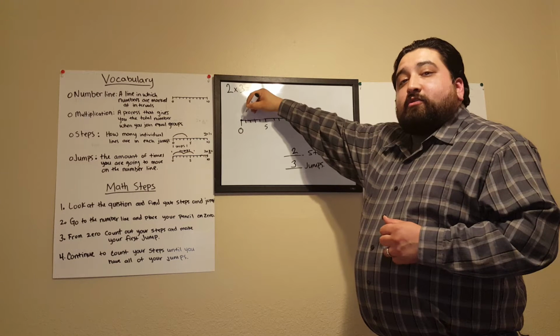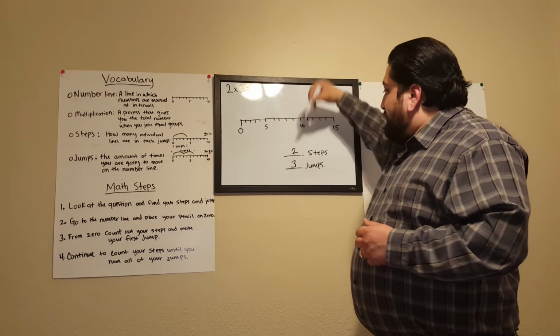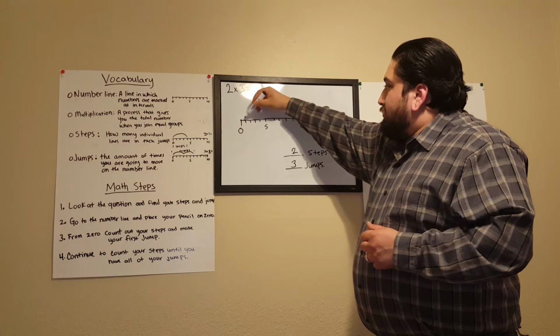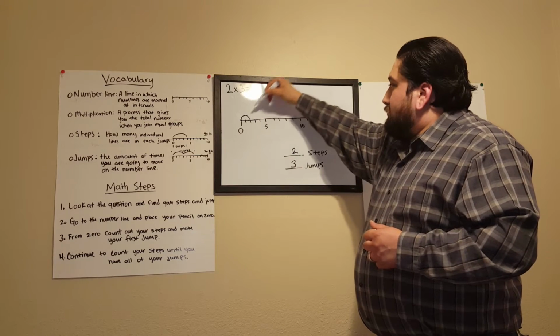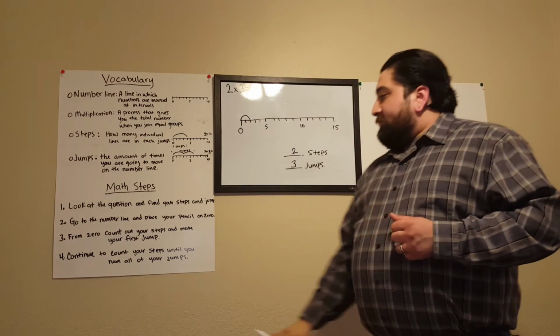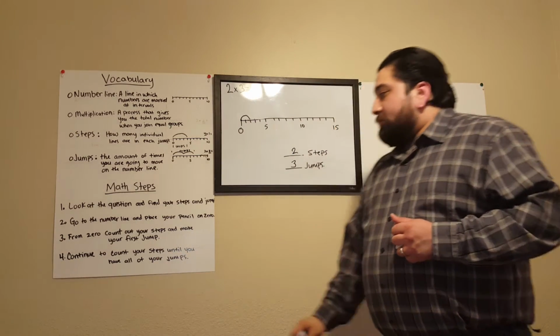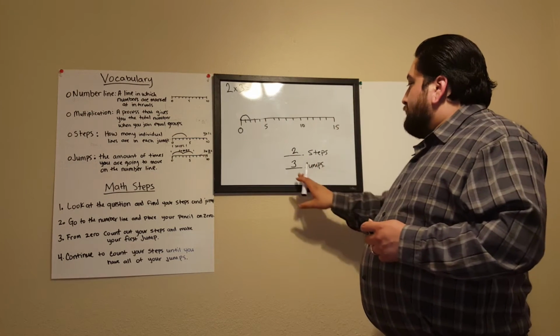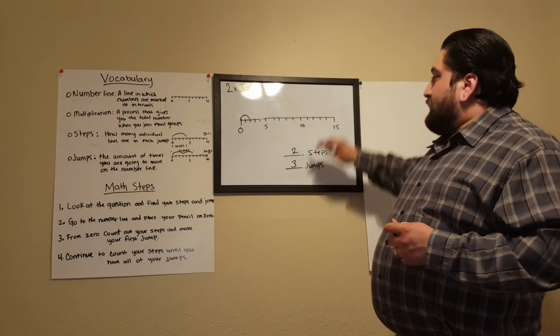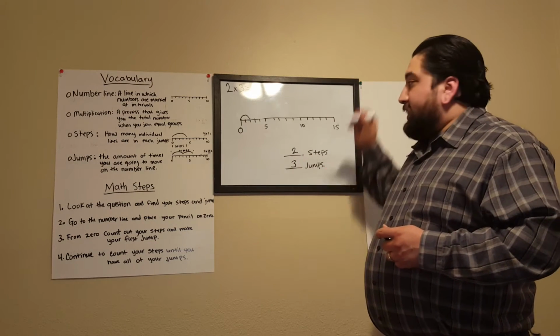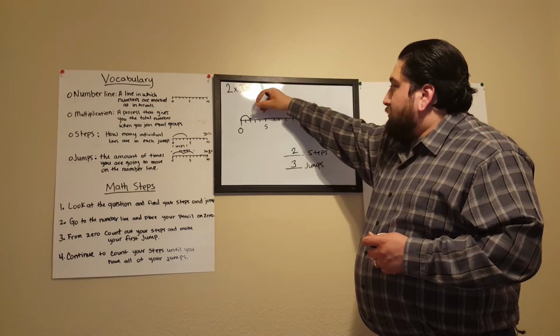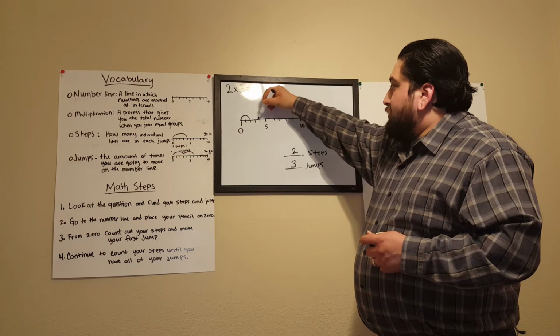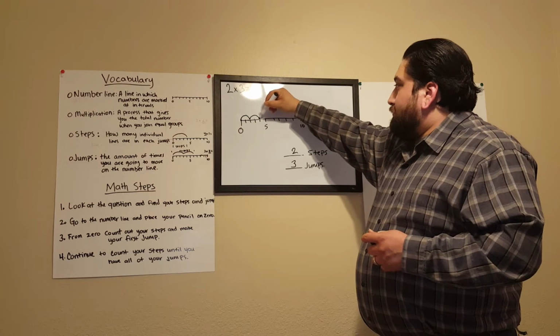And that is to count out our steps and make our first jump. So we have 2 steps. 1, 2, our first jump. From step 4, count all your steps until you have all your jumps. So we need 3 jumps. And remember guys, every jump is 2 steps. Let's count. We're on 2. 1, 2, jump.